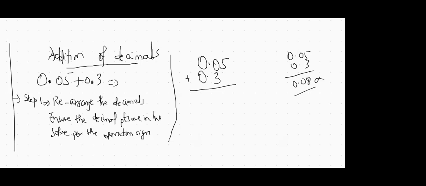Please, are you watching the screen? Yes. The decimal points must be in line, irrespective of how long one of the decimals is. So in this case, 5 plus nothing gives you 5. 0 plus 3 gives you 3.